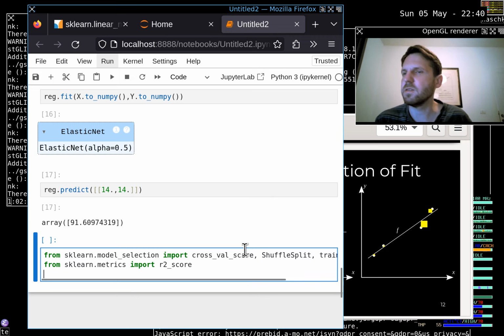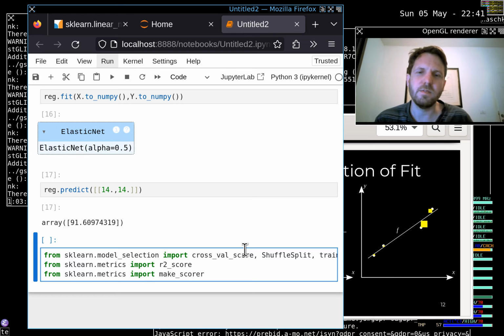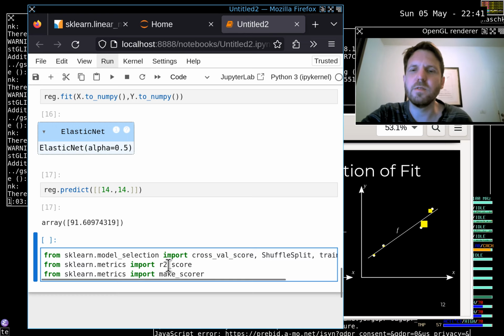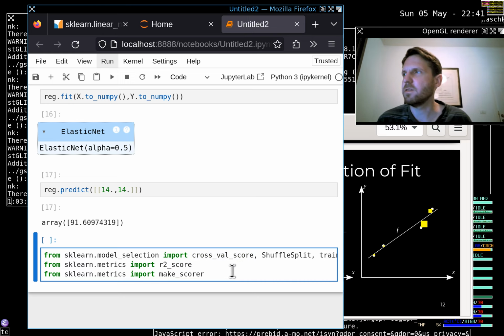In order to have a tangible score on how well our fit, how well our prediction model behaves. And we need a make scorer function in order to be able to use this R2 score with the cross-validation score system that we have in scikit-learn.